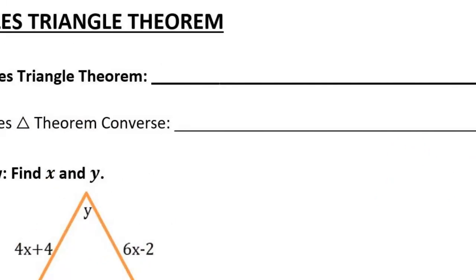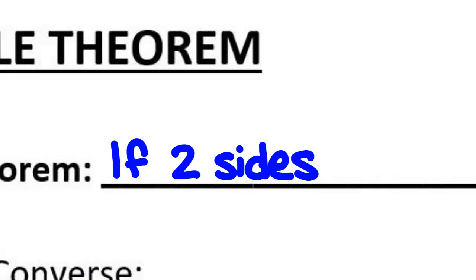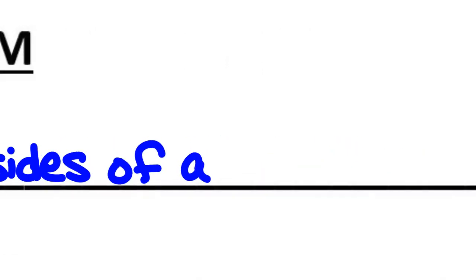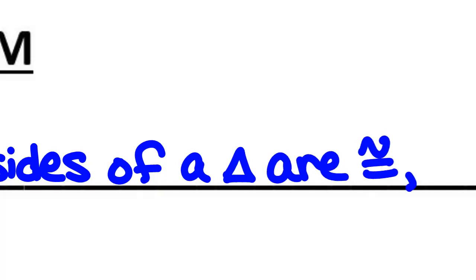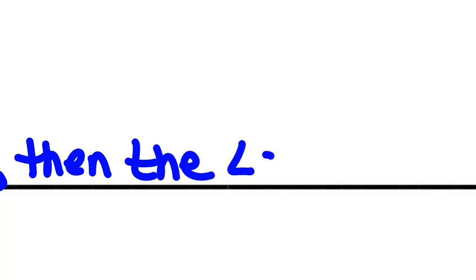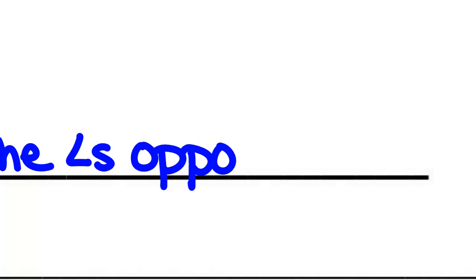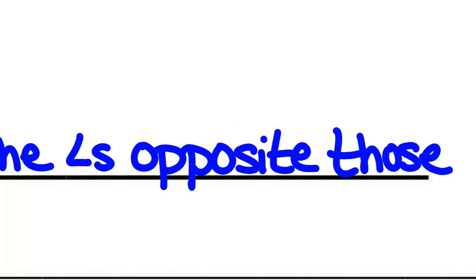My isosceles triangle theorem tells me if two sides of a triangle are congruent, then the angles opposite those sides are congruent.